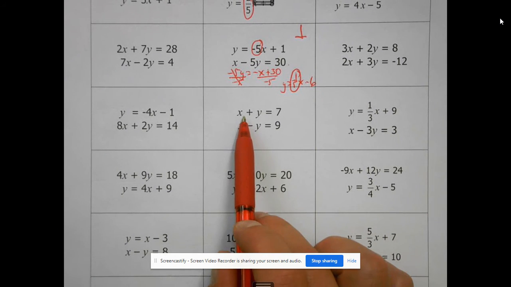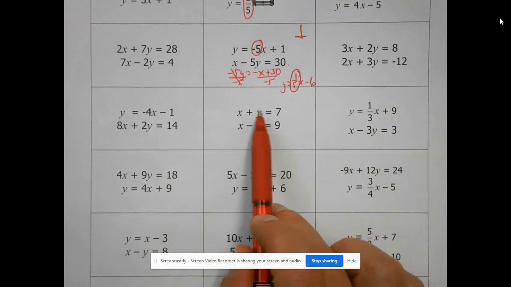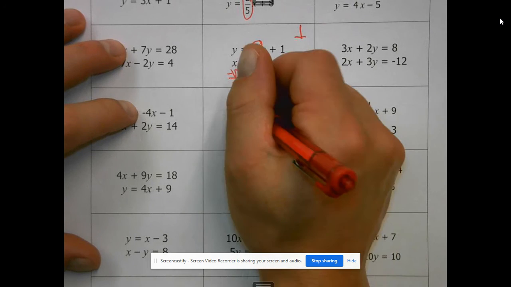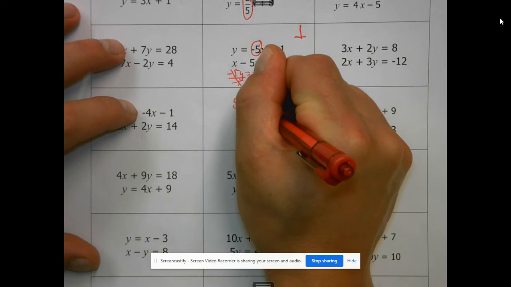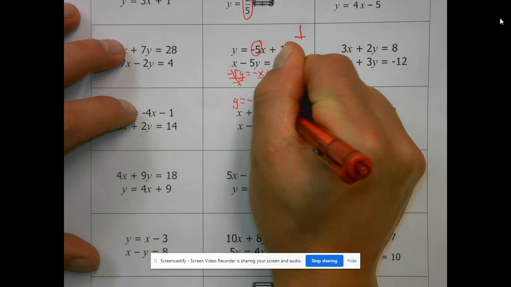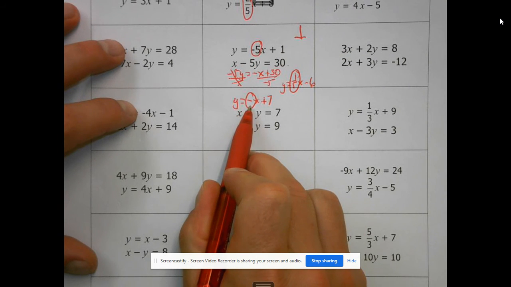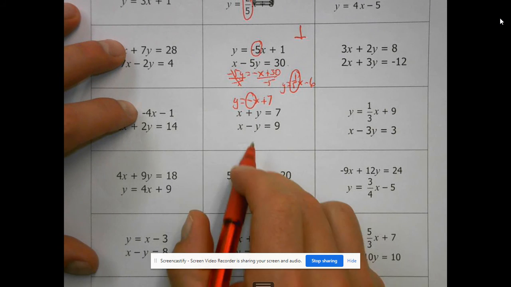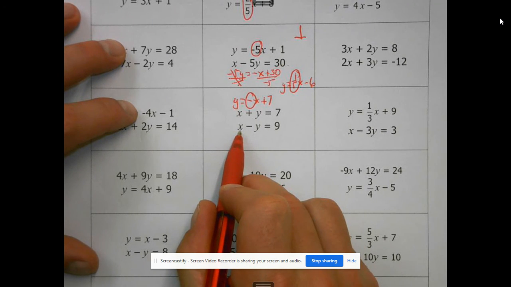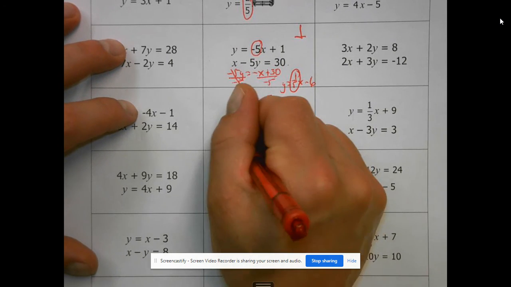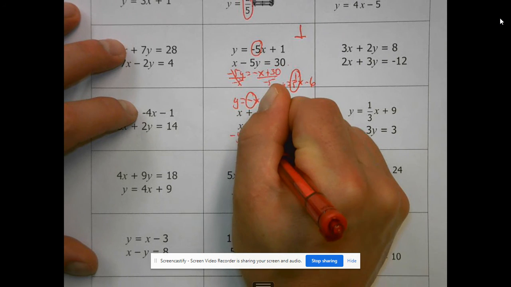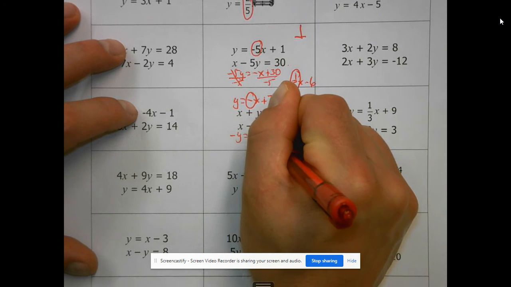Both require some work. This first guy, I have to subtract the x over here. So when I do that, I'll have y equals negative x plus 7. So the slope up top is a negative 1. Down here, I need to subtract the x to the right. So negative y equals negative x plus 9.